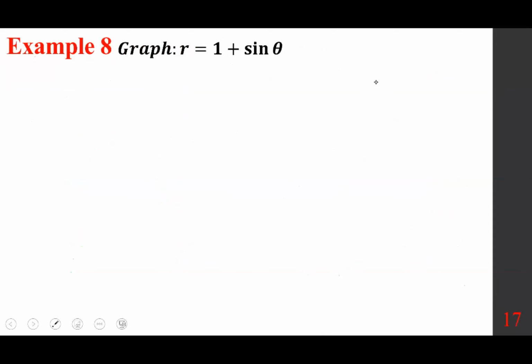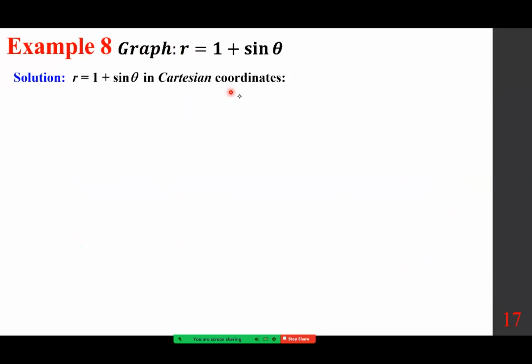All right, let's look at 1 plus sine theta. I want to look at a different approach just so you're exposed to it. We can graph this in a Cartesian coordinate system.